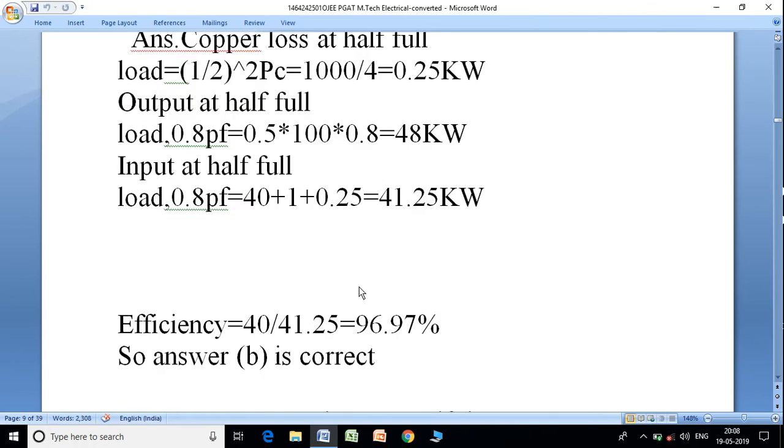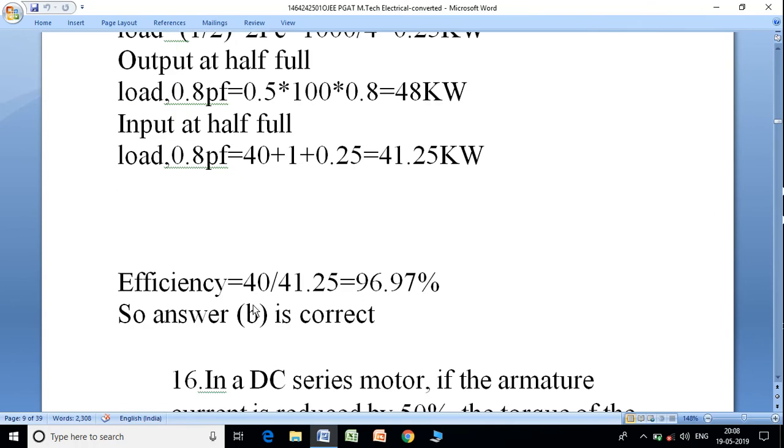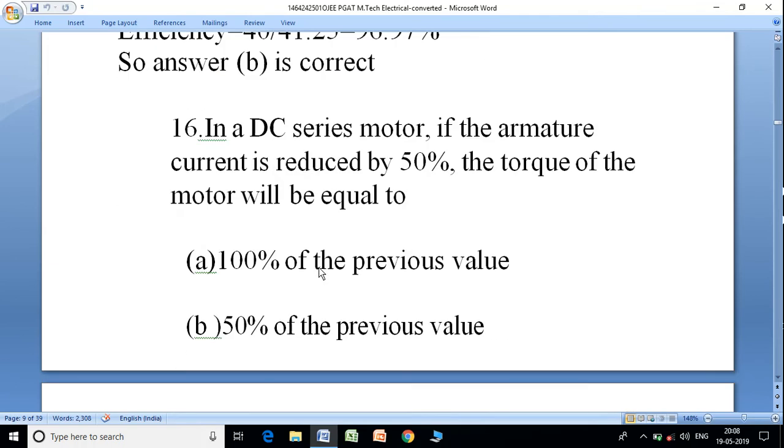So efficiency is equal to 40 by 41.25, that is 96.97. So answer B is the correct answer.